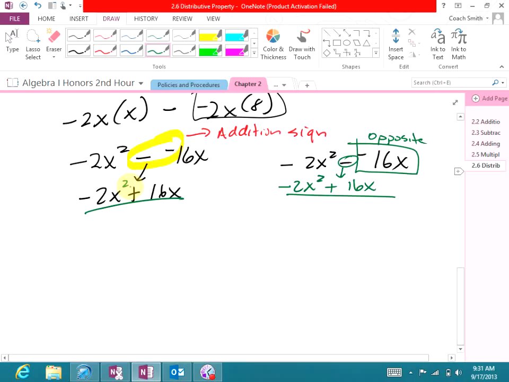Good question by Owen is that we can't put the two together because one has a variable to the power of 2, one has a variable of 1, or no variable. Anytime we have a variable by itself without an exponent, we assume that it's raised to the first power. And so you have a 1 right here. You cannot put those two things together, simply because of order of operations.